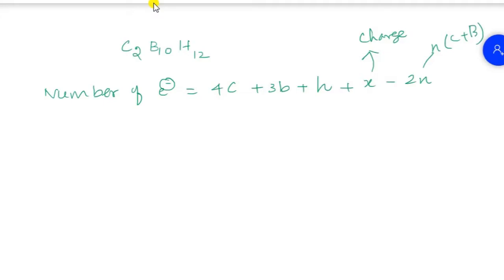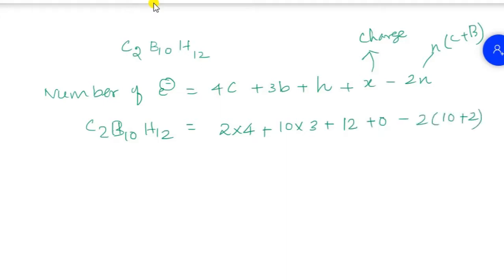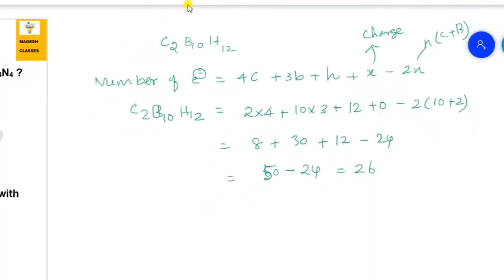So in the given carborane C2B10H12, it is 2 into 4 plus 10 into 3 plus 12 plus X, no charge, minus 2 into 10 plus 2. So number of boron 10, carbon 2. So this is equal to 8 plus 30 plus 12 minus 24, which is 50 minus 24, equal to 26.